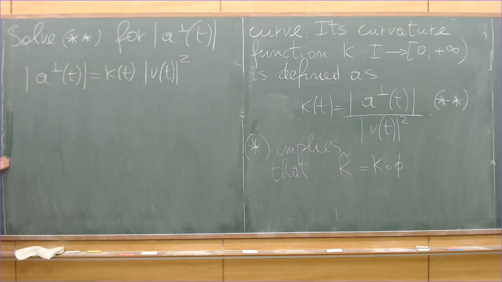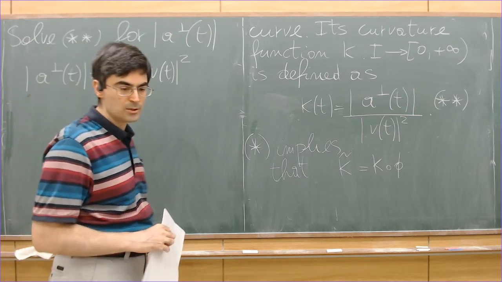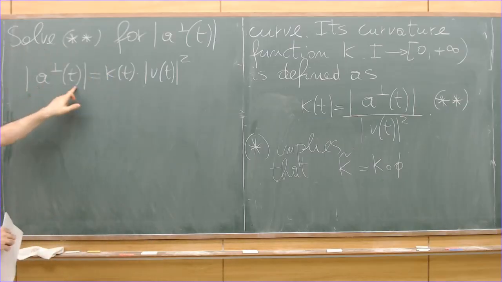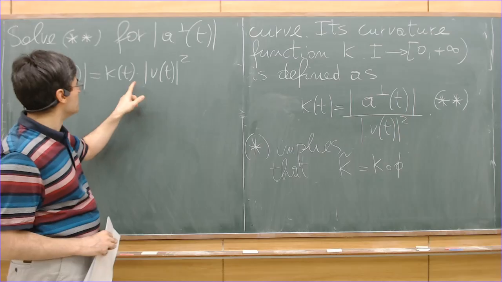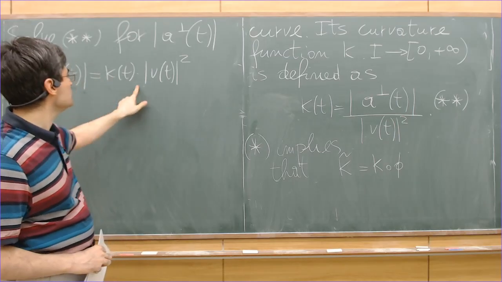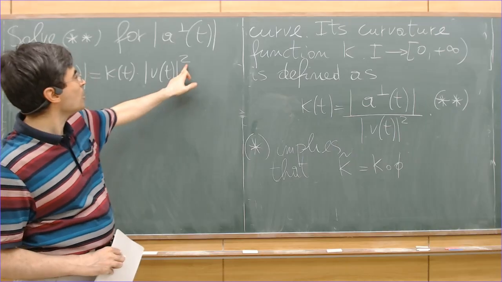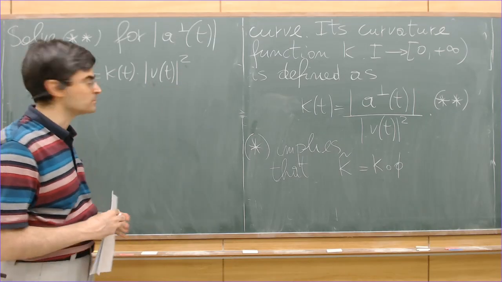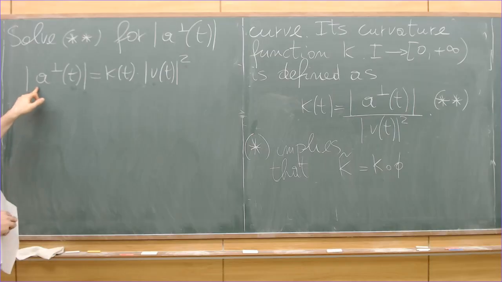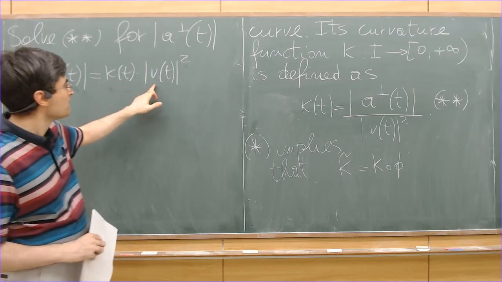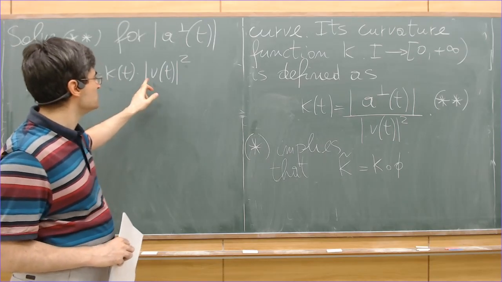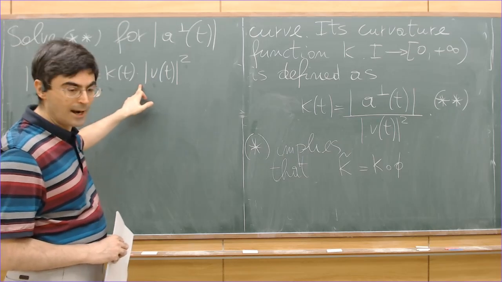So finally, we are able to provide an interpretation for the orthogonal component of the acceleration. This formula says that its length is given by the product of the curvature function times the square of the length of the velocity vector. So the orthogonal component of the acceleration is bigger if the curvature is larger and the point moves along the curve with larger speed.